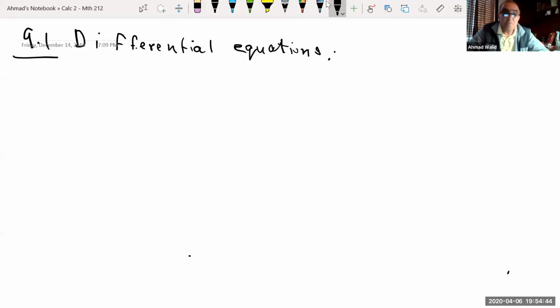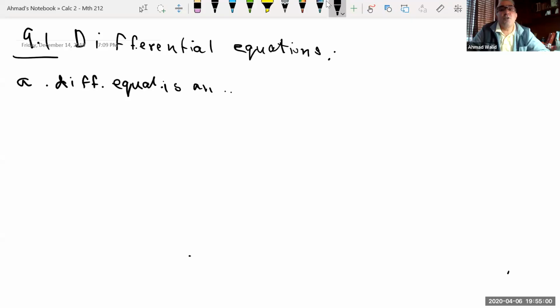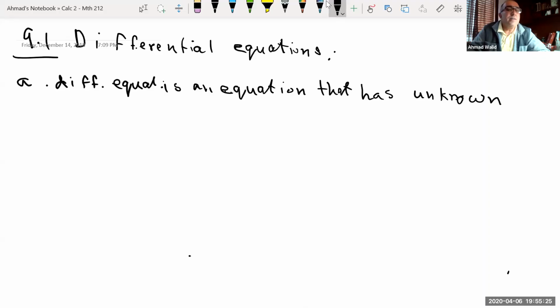If I want to write this for you, a differential equation is an equation that has an unknown function and one or more derivatives.